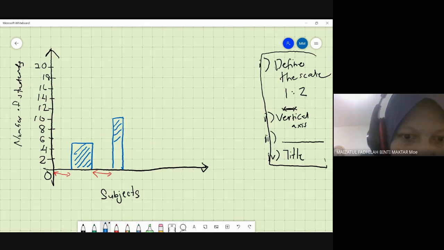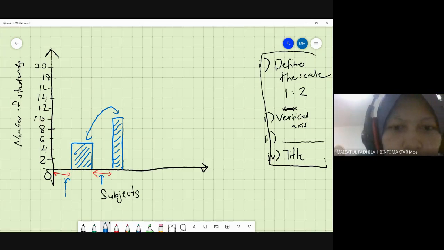The first one is correct, but this one does not have the same width as the first one. So when you draw this one, you must also have the same width. Okay, so I will just stop there.